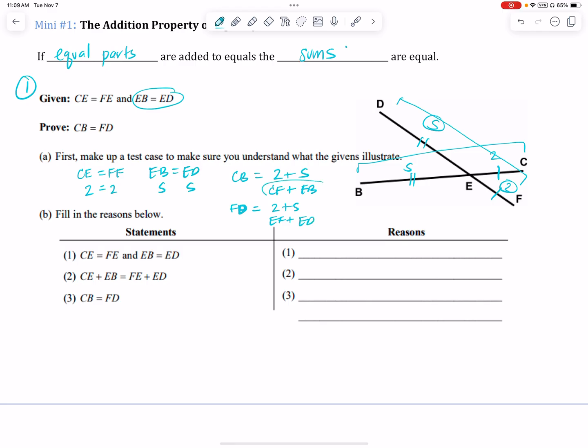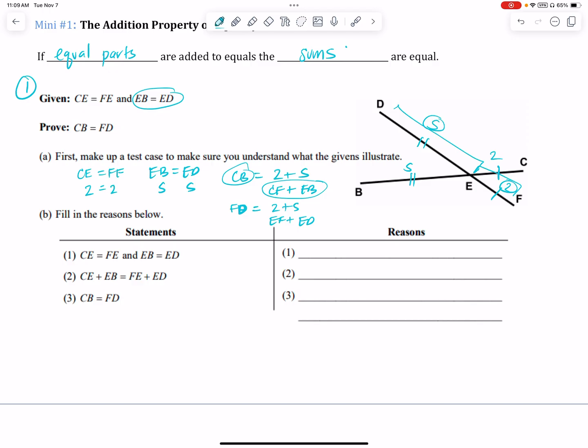So we can see that the two smaller segments, the parts, equal the whole. The two smaller segments, EF and ED, 2 plus 5 equals the whole, FD. So we're going to apply that to our proof. Fill in the reasons below.